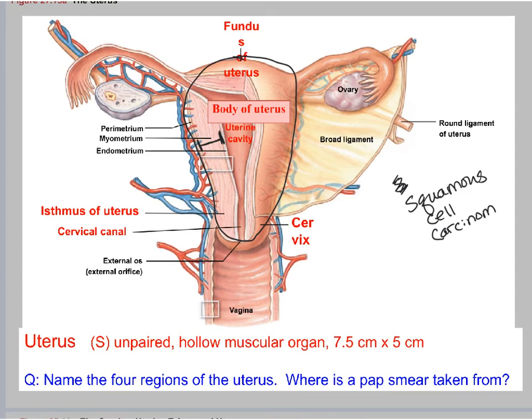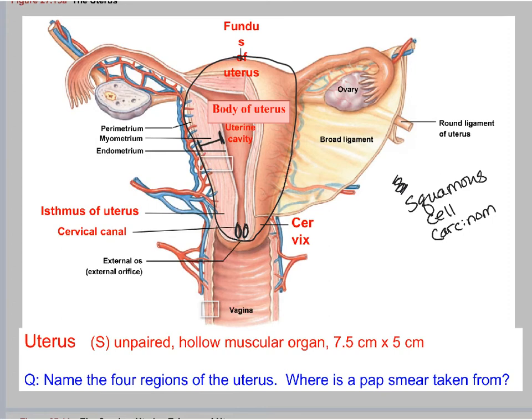A Pap smear is a procedure where a female goes into the doctor's office to have these cells, these squamous cells of the cervix, sampled. And the sample is looked at underneath a microscope to look for any abnormally shaped cells, which may be an early indication of cervical cancer.